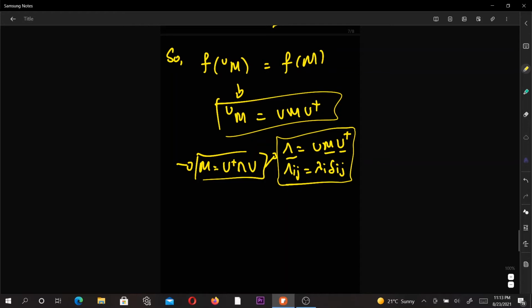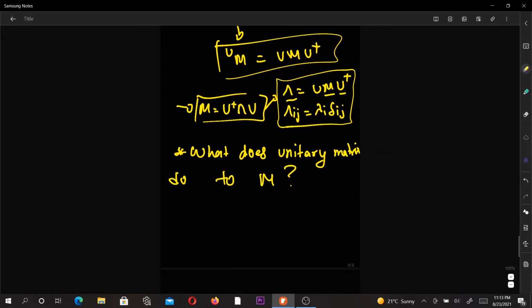So what do unitary matrices do? What is the unitary matrix doing to our matrix M? When a unitary transformation U is applied to M, it leads to vanishing of off-diagonal elements.